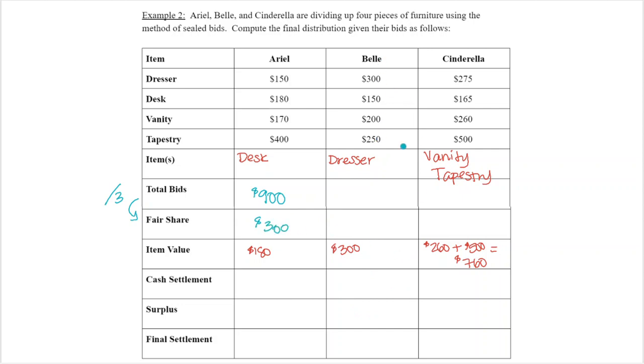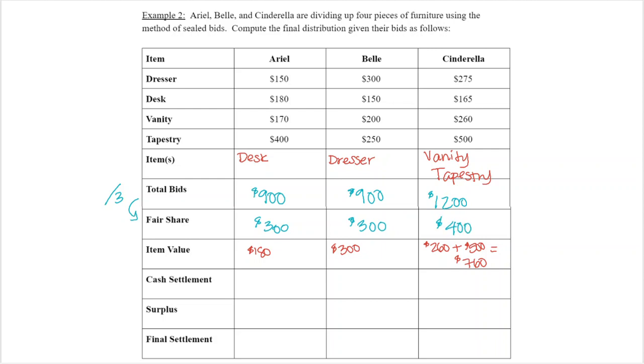Add up all of Belle's bids. Her total is also $900, so her fair share is $300. Cinderella's total is $1,200, divided by 3 is $400 for her fair share.